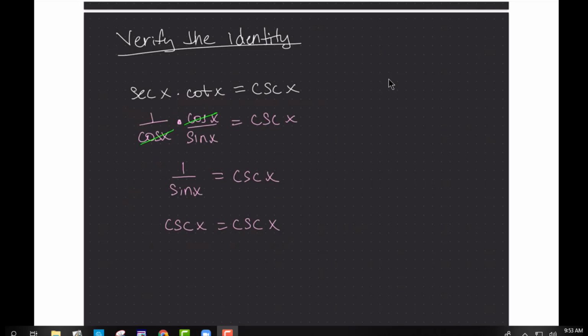Make sense? Because anybody can say, oh yeah, I know that cosecant of x equals cosecant of x, duh. But it's going through all of those steps to prove it, or to verify, that is really where your work is, right? Exactly, absolutely, right?